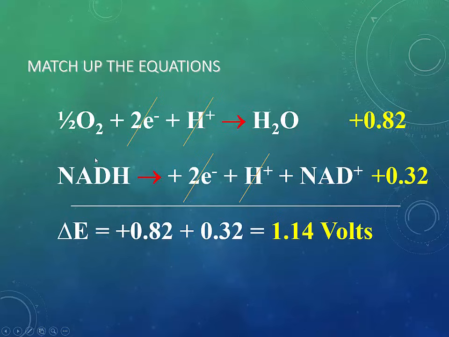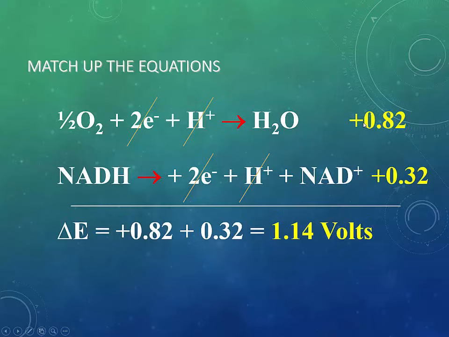You'll notice now I have NADH losing 2 electrons to become NAD. And because I reversed the equation, I have to flip the sign. So now we have NADH losing electrons, oxygen gains those electrons to become water, and we have a flow of electrons. NADH, the electrons come off, then they go onto oxygen, and NADH becoming NAD is oxidized, oxygen gaining those electrons to become water is reduced.